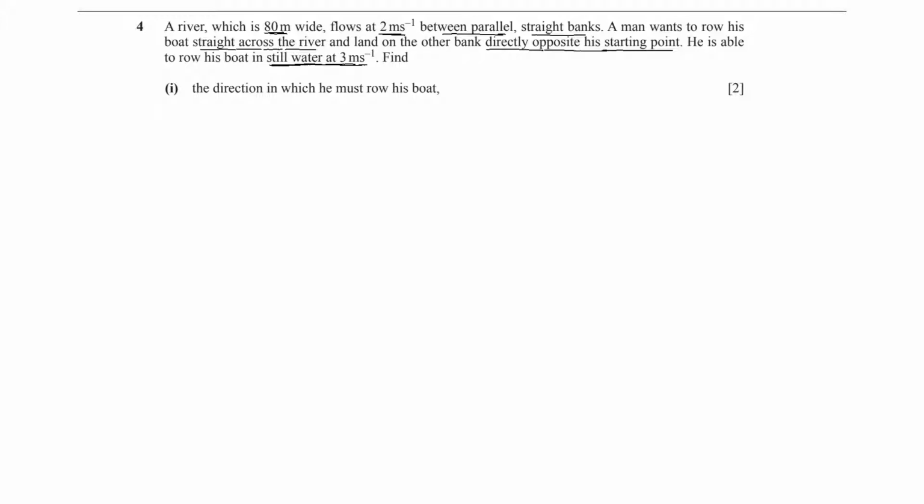So let's write the velocity of the water Vw is equal to 2 meter per second. And next, we have the velocity of the boat in still water is 3 meter per second, which means velocity of the boat relative to water is 3 meter per second. So let's write velocity of the boat relative to water is equal to 3 meter per second. We also know that the river is 80 meter wide.